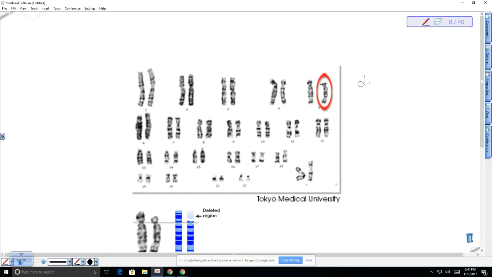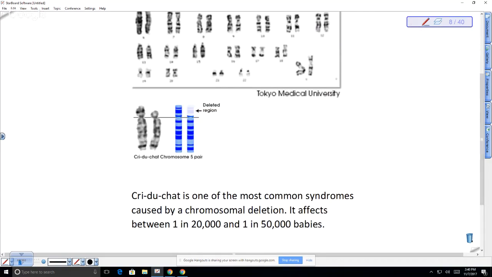So this would be a deletion on chromosome number 5. And this is probably the most common deletion that we see. Again, if a chromosome breaks dramatically, the embryo will not be viable. But this is a little bit of a deleted region. And so they actually show it in more detail right here.